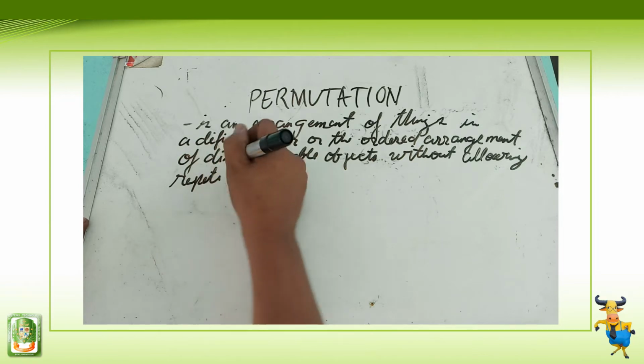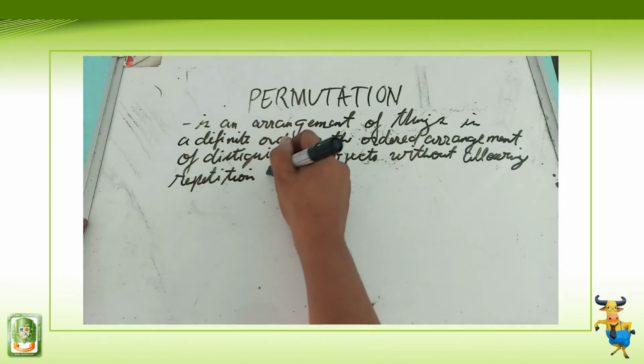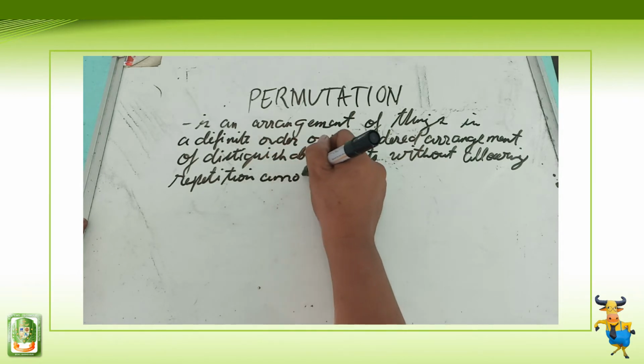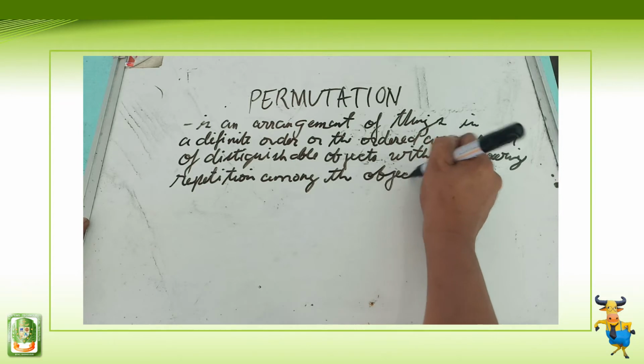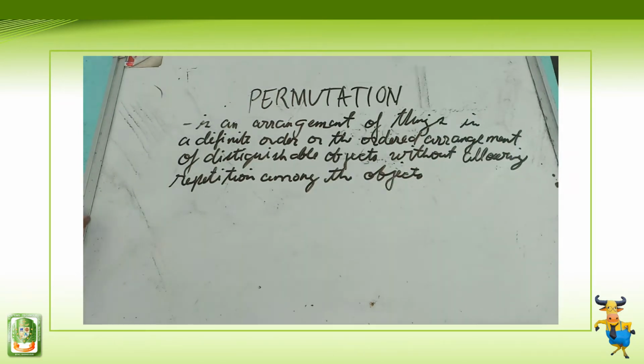So, repetition, hindi natin na-allow ang repetition among the objects. Ulitin ko. Permutation is an arrangement of things in a definite order, or the ordered arrangement of distinguishable objects without allowing repetition among the objects.